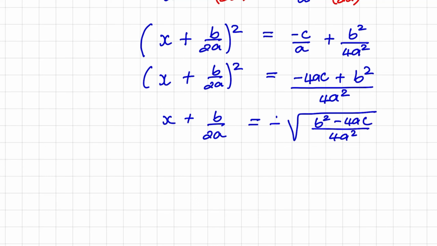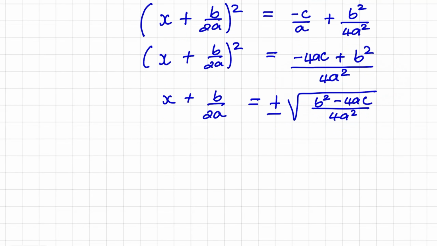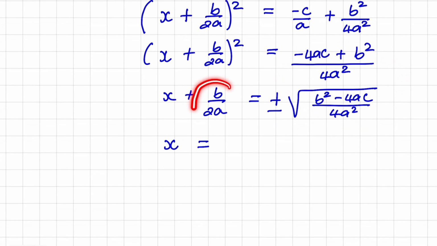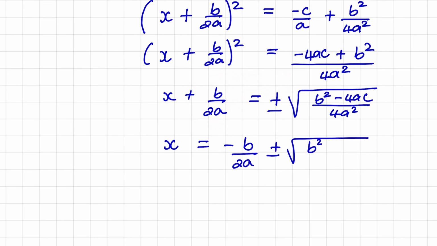But we can take a positive and a negative of that square root, because a positive and a negative value squared would lead me back to my previous expression. So now I can solve for x by taking plus b over 2a to the right hand side, and that will be negative b over 2a plus minus the square root of b squared minus 4ac over 4a squared.